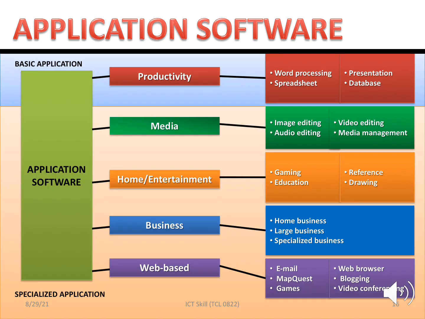If you look here, these are the example categories of application software: productivity, media, home entertainment, business, and web-based. For ICT, we focus on two categories, which are productivity and media. For productivity, you will use word processing, spreadsheet, presentation, and database.